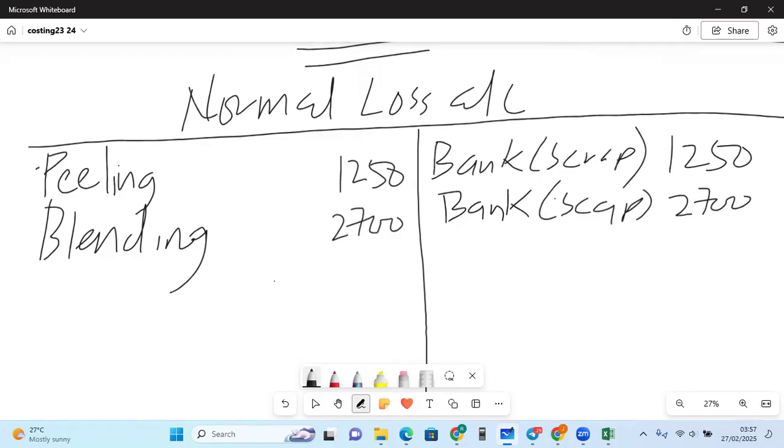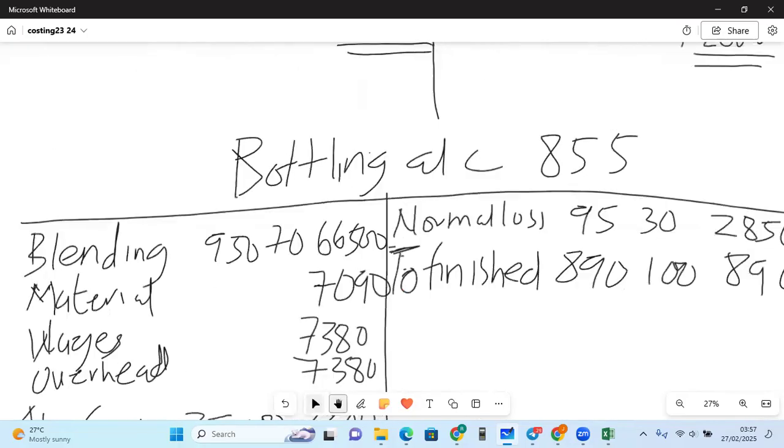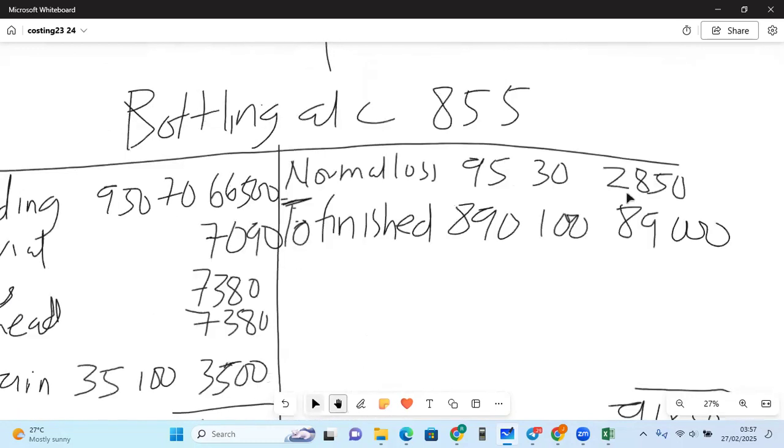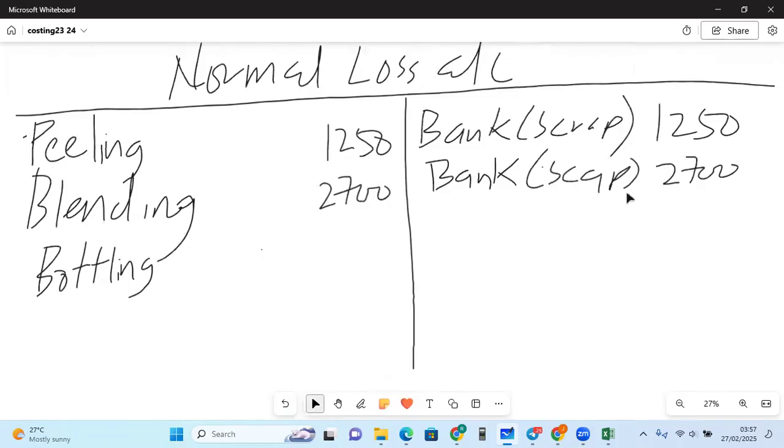Then bottling too, we had a normal loss, right? Bottling had a normal loss here of what, 2850, right?